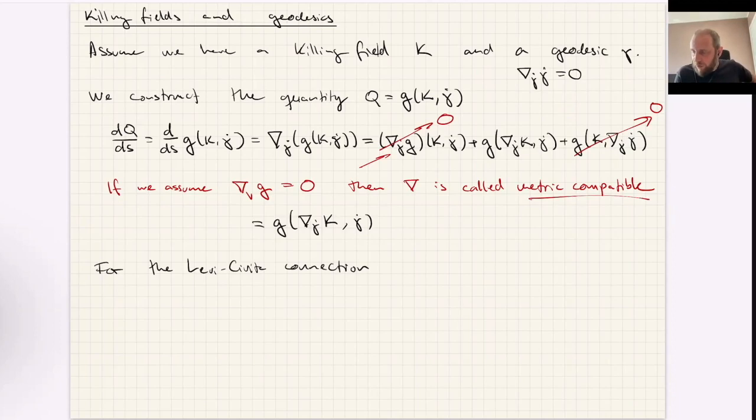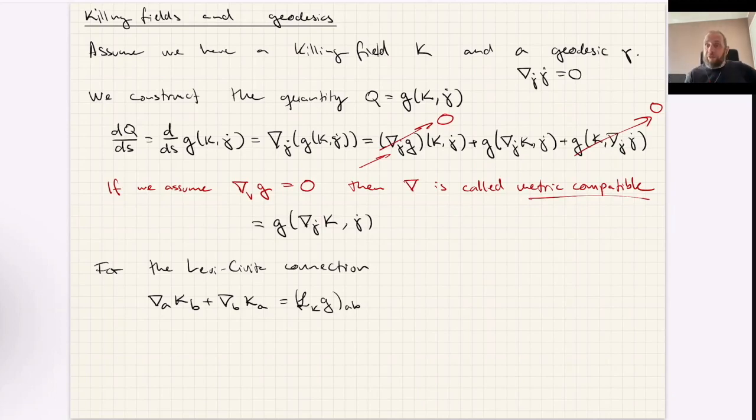I'm not going to go through it in detail here, but we will have the following result: if you take the following expression and you switch the order of the indices, then this is going to be equal to the Lie derivative L_k acting on g_AB.